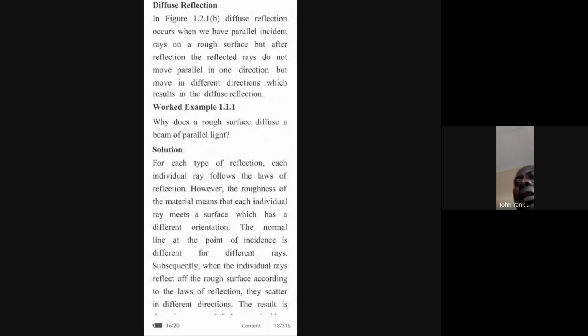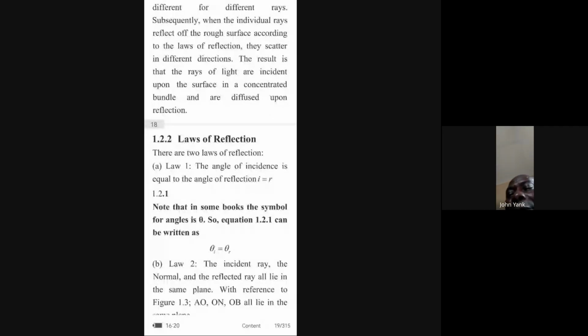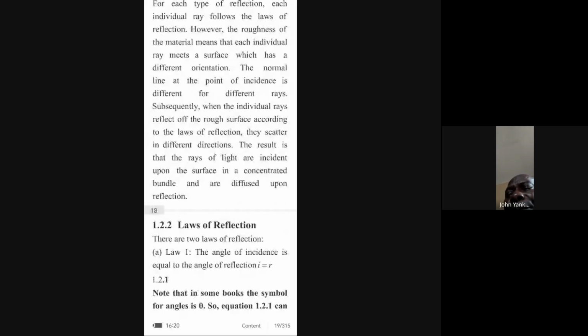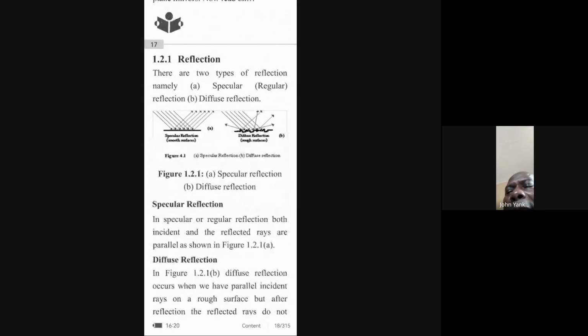Before I go to the laws of reflection, anytime reflection occurs at a plane surface like a mirror, an angle will be formed between the incident ray and the normal, called the angle of incidence, and another angle will be formed between the normal and the reflected ray, called the angle of reflection. I'm repeating what I said.